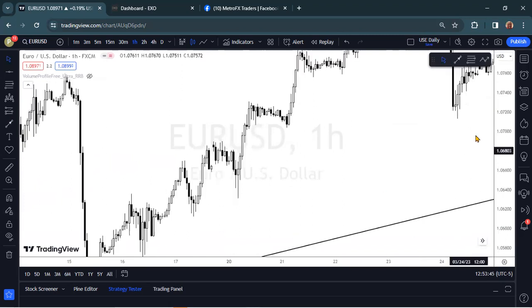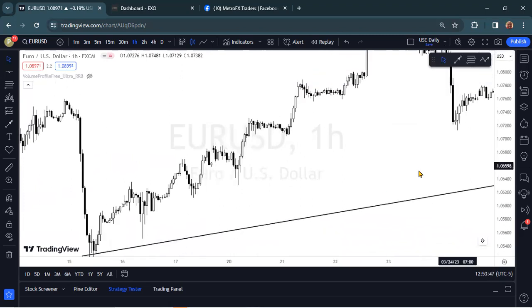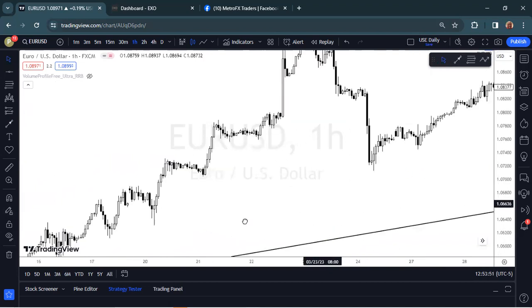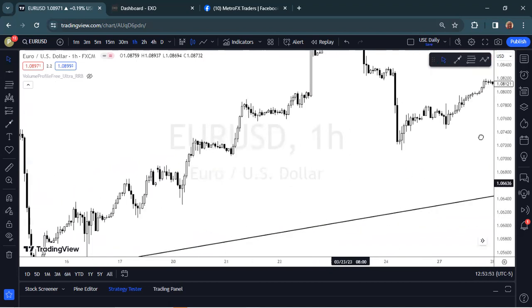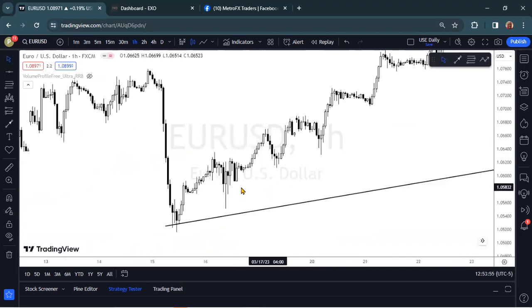Okay, so what I'm looking for is an inverted head and shoulders for an uptrend, which looks like this right here.